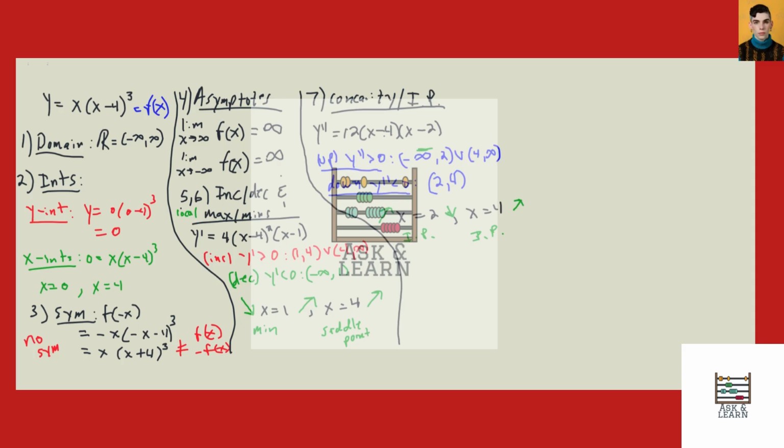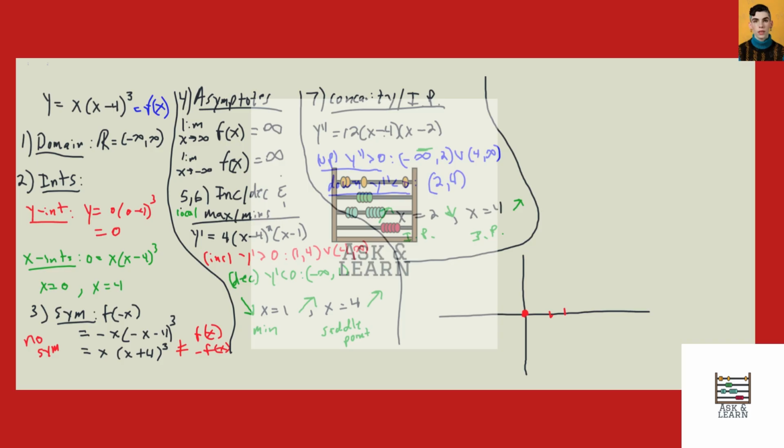All right, so that was everything they suggested we do before we actually start to sketch this. So let's go ahead and first just plot down our intercepts. Our y-intercept would be (0, 0). Our x-intercepts should be 0 and x equal to 4.